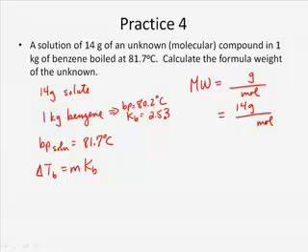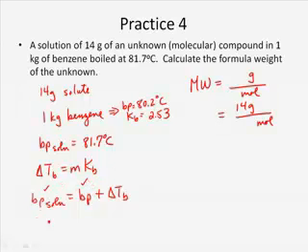Benzene is in your table in your book. Okay, and we know that the boiling point of our solution is going to equal the normal boiling point plus delta Tb. So we have a value for this and we have a value for this.